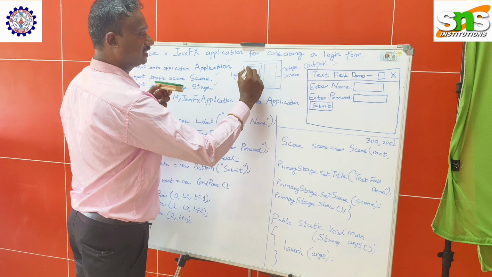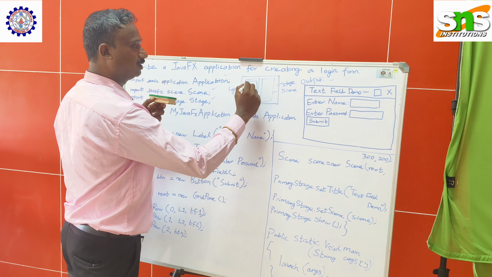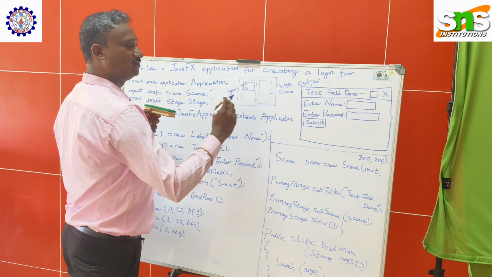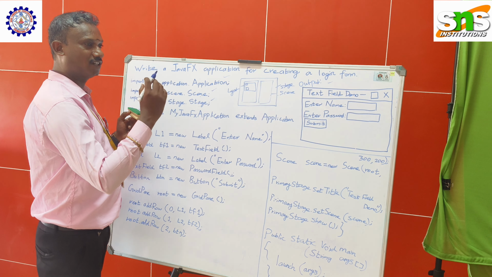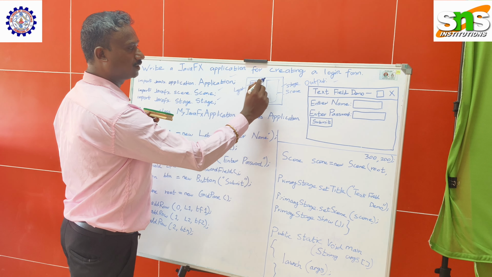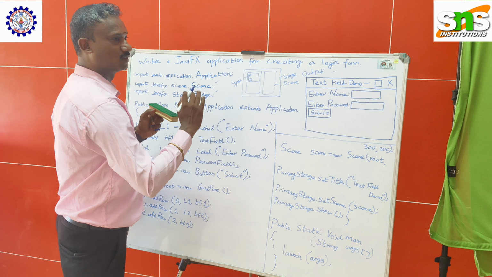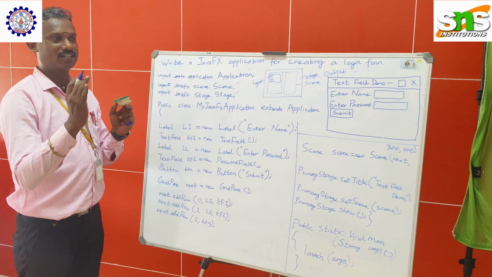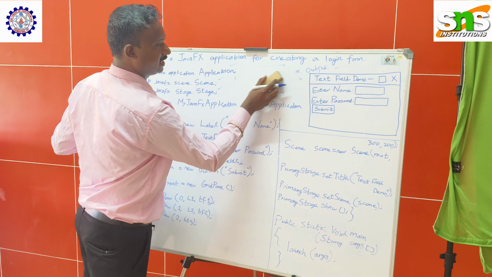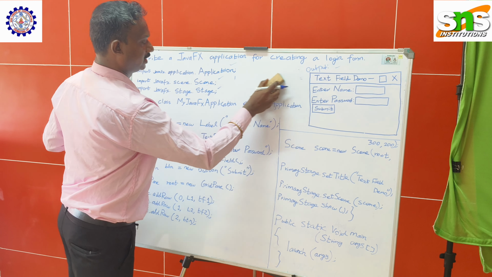If you want to organize checkbox, text field, label, we have to create a layout. This layout and the scene are invisible to the user. If you run this program and see that output, you cannot see this particular layout or outline. These are all just organizing the label and text field. That's all. Now we'll see the program one by one.